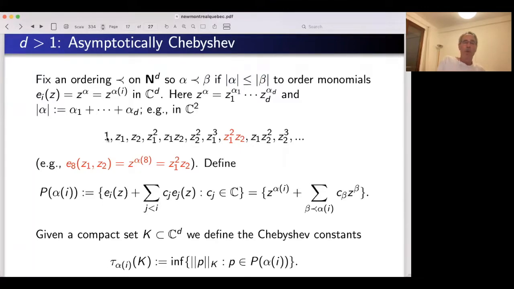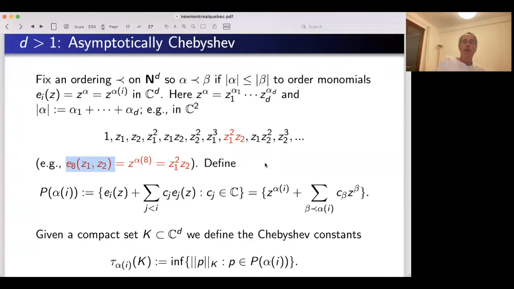So for example, in C2, I go 1, Z1, Z2, and then for the degree 2 guys, I take Z1 squared, and then Z1 Z2, and then Z2 squared, and so forth. Okay, and I list these. I'll call this ith guy in the list E sub I. So for example, if I've counted right, the Z1 squared Z2 is the 8th monomial in my list. So E sub 8 is the monomial Z1 squared Z2.